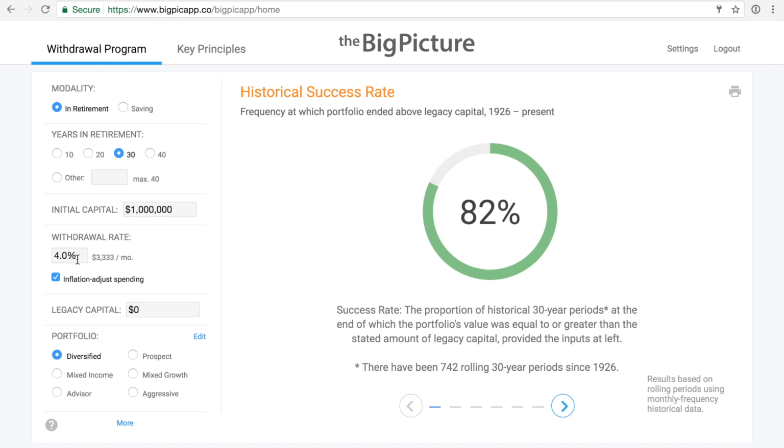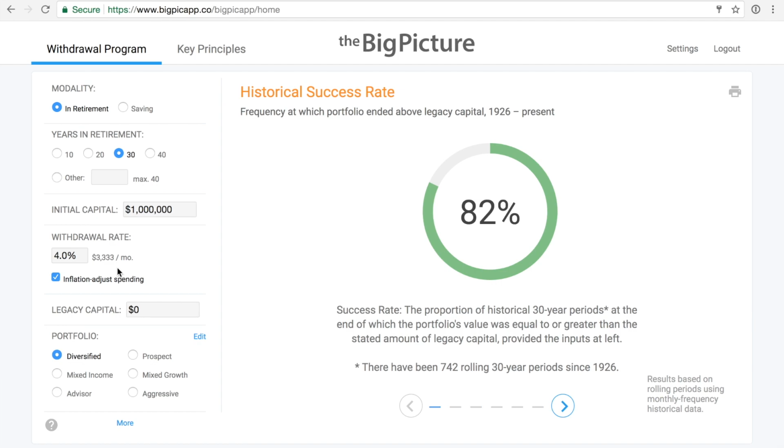So we take 4% of that, which is $3,333 per month, and then adjust this amount in each back-tested period at whatever the actual rate of inflation was. This is the amount pulled from the portfolio, regardless of any fluctuations in its market value. So in retirement, we're simulating a stream of constant dollars in purchasing power terms.